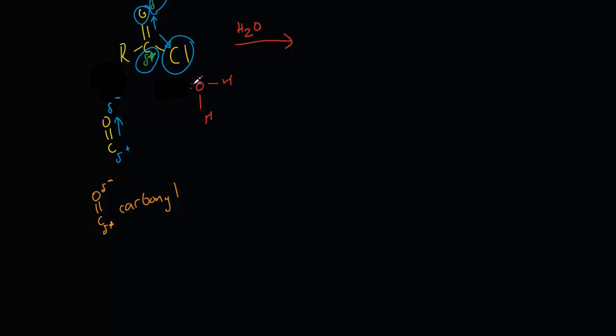And what happens is, even though we have a weak nucleophile here, because the acid chloride is creating such a strong electrophile here, the weak base water can behave as a nucleophile, attack the carbon, and push the electrons up to form something like this.